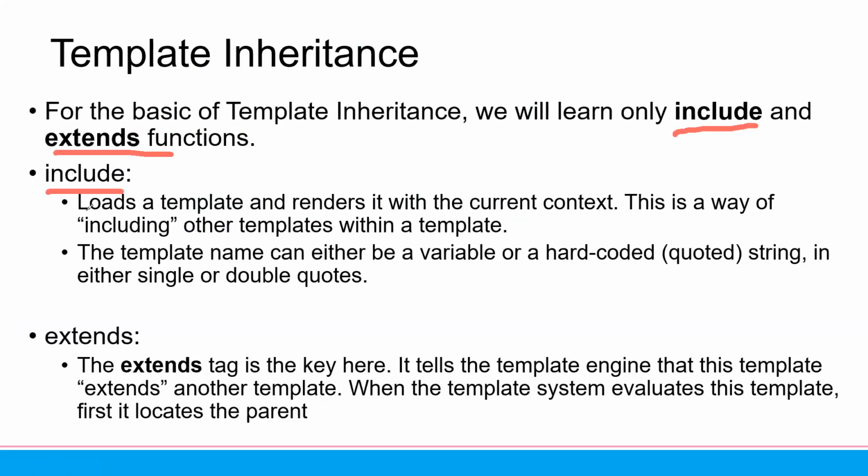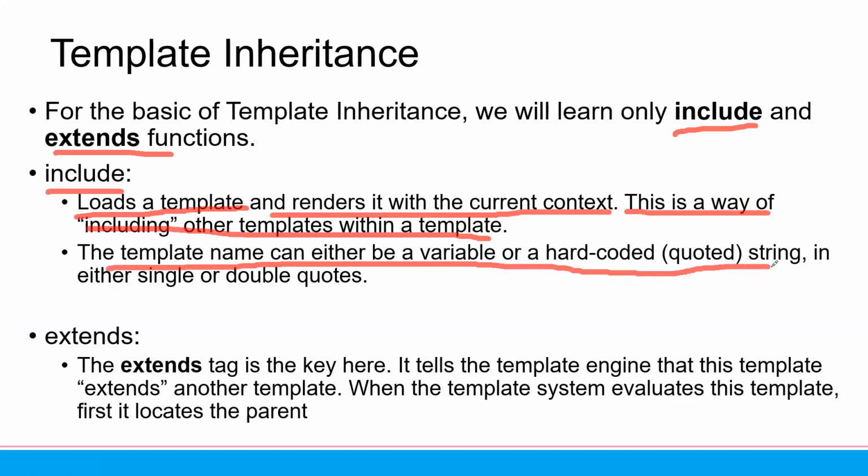Include means we want to load a template and render it with the current context. This is a way of including other templates within a template. And the template name can either be a variable or a hard-coded string in either single or double quotes.